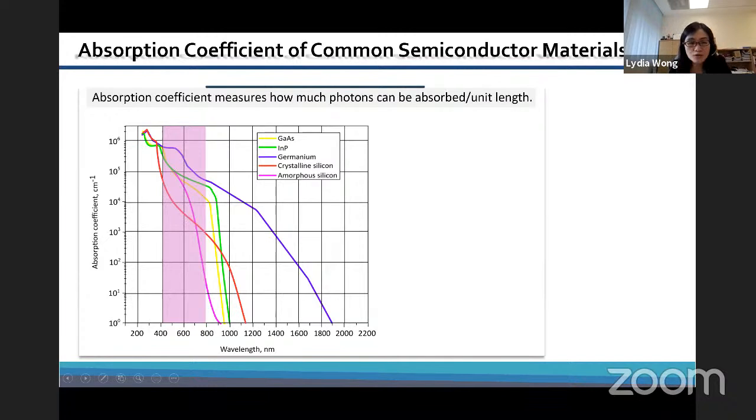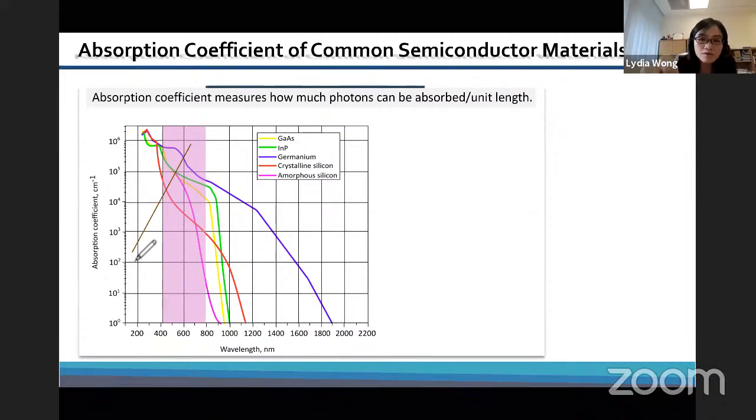Okay, so the area under this curve that falls within the visible range of solar spectra will be the most efficient to absorb. If you remember the solar spectra just now, the shape is something like this. This is the solar spectra.